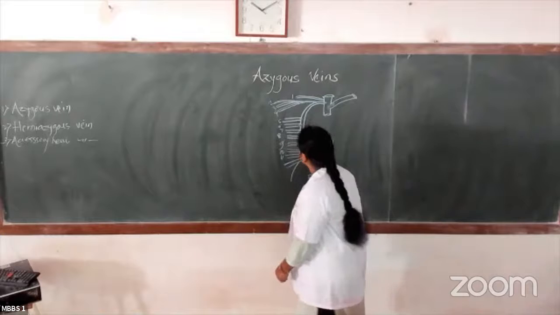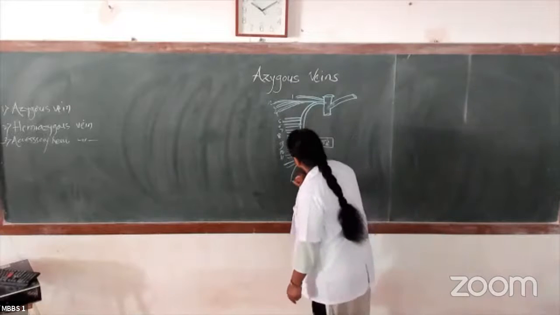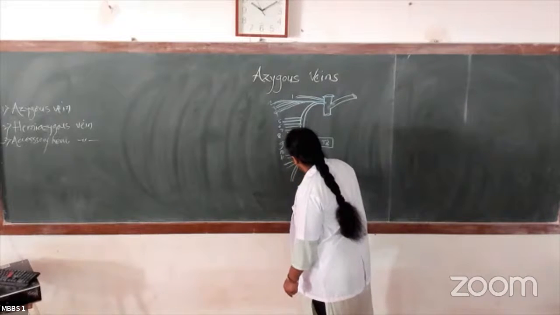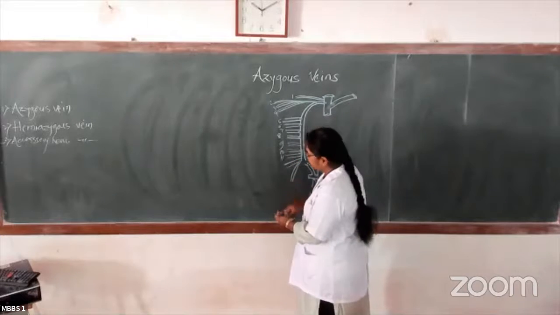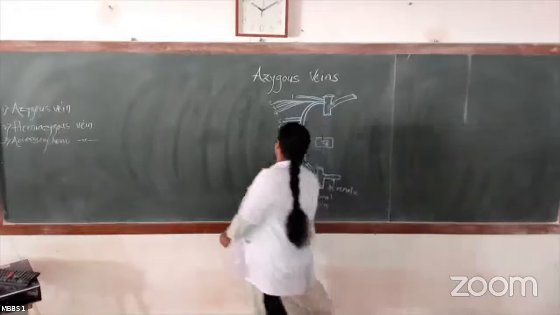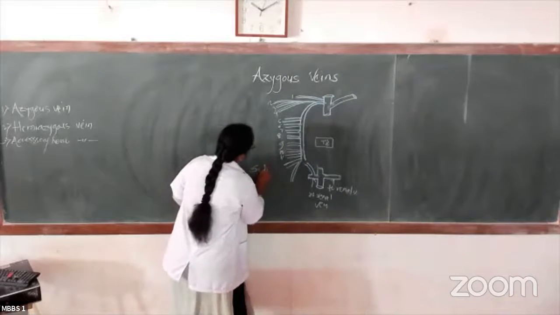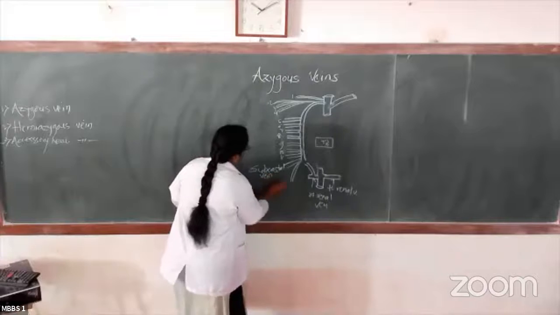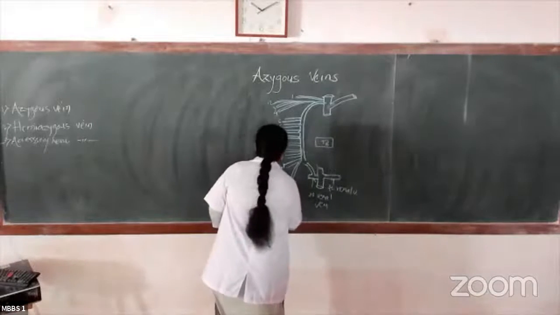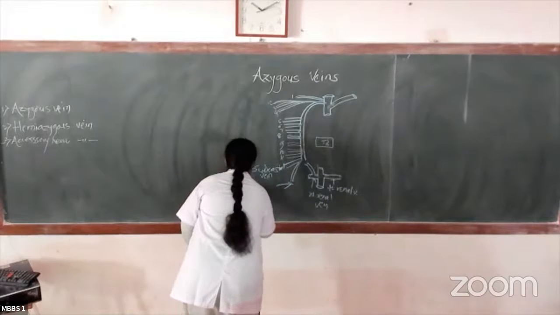At the level of vertebra T12, that is the 12th thoracic vertebra, it receives one vein which is formed by the union of this subcostal vein and right ascending lumbar vein.